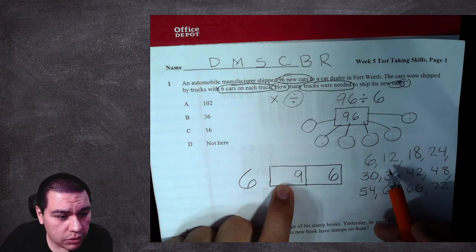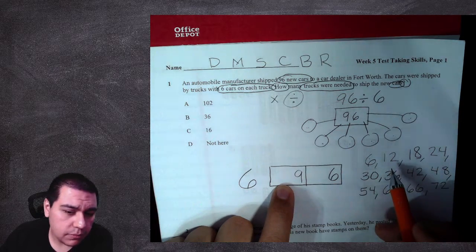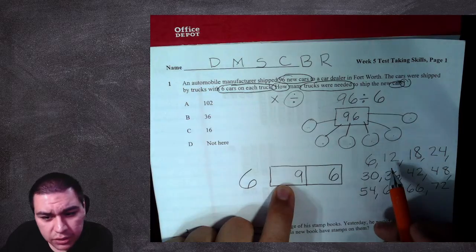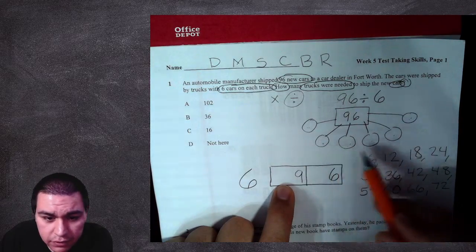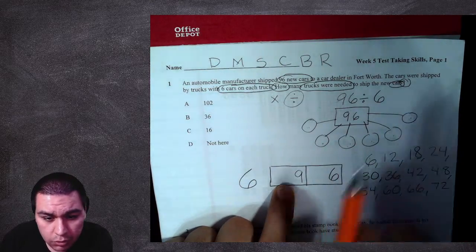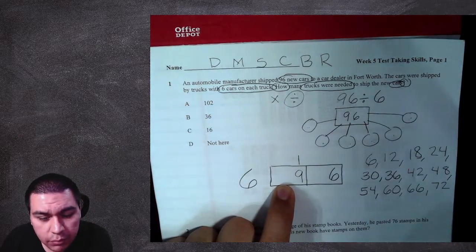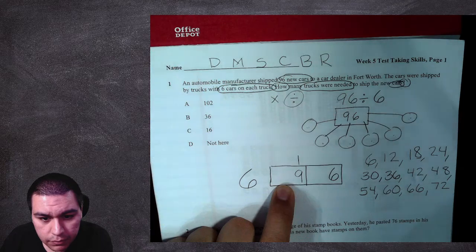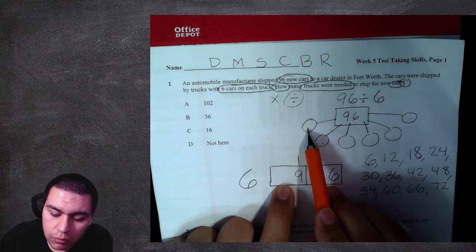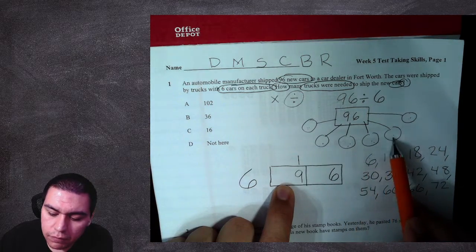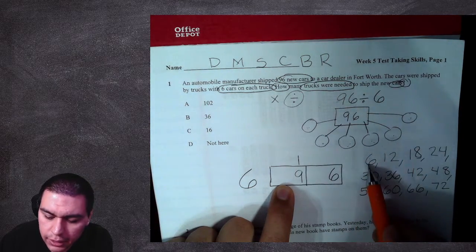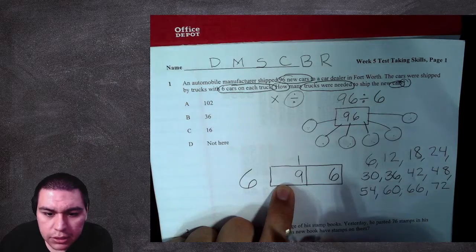Or is that too much? Too much. So I can't give 2 cars to every group. I only have enough to give them 1 car. So if I give them 1 car, 1, 2, 3, 4, 5, I gave away 6 cars.